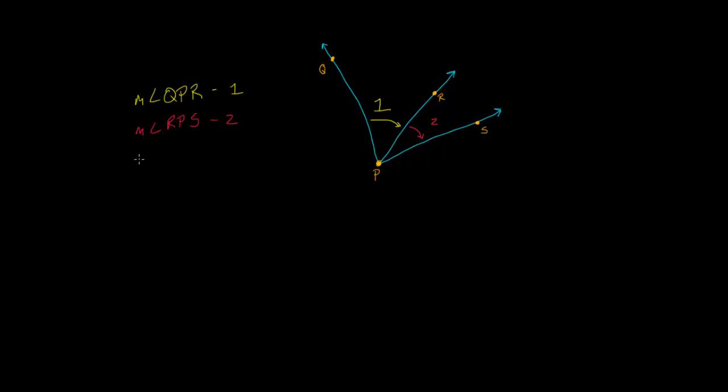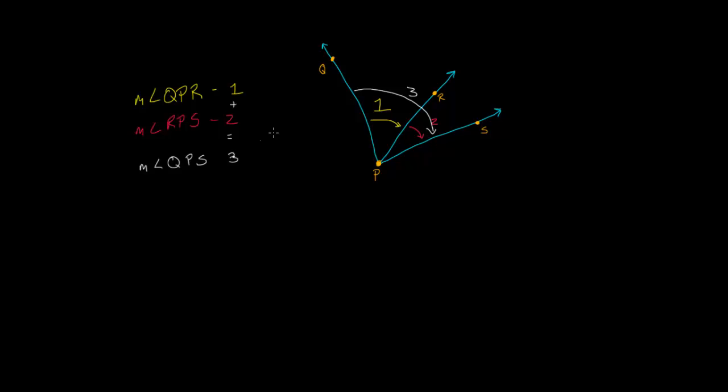all these two things, when you add them together, 1 plus 2, you're going to equal our measure of angle QPS, being all three of these. We can say that is our third part.